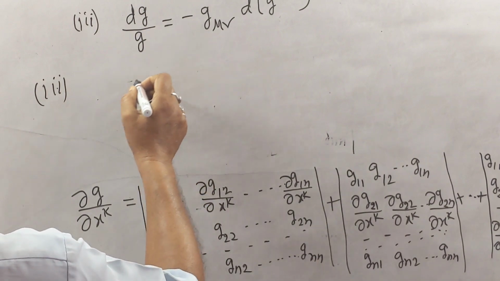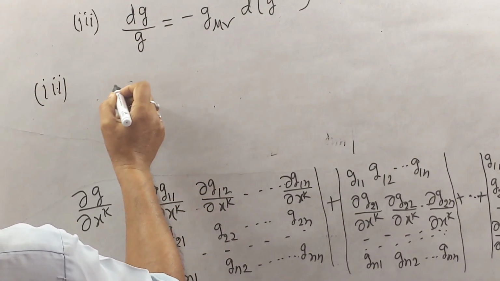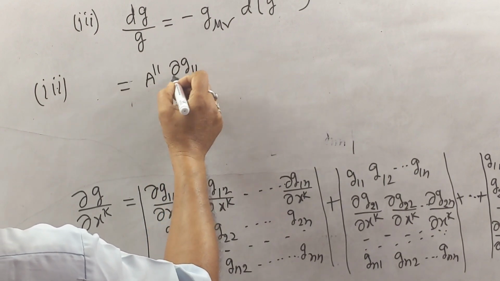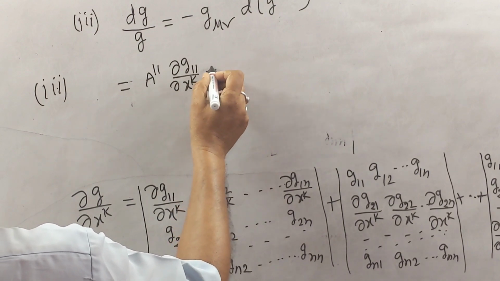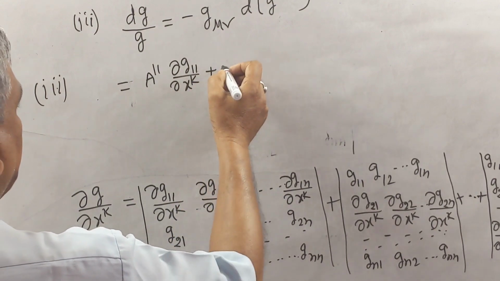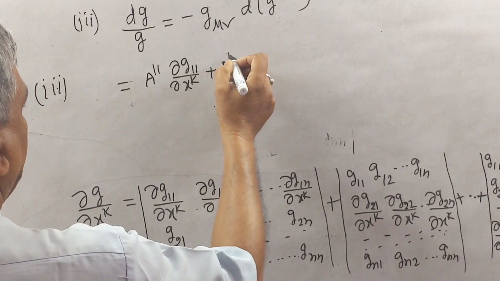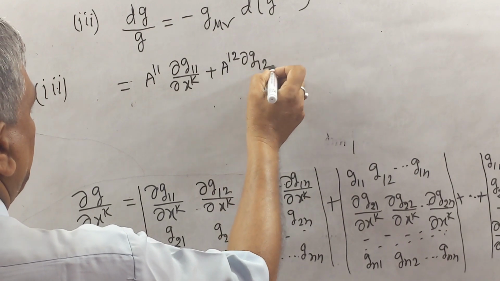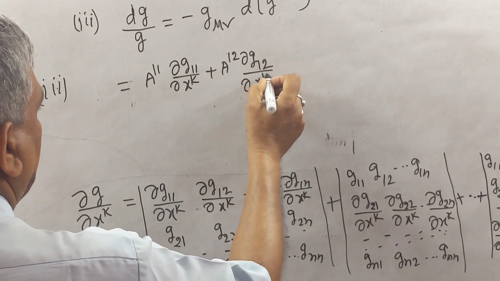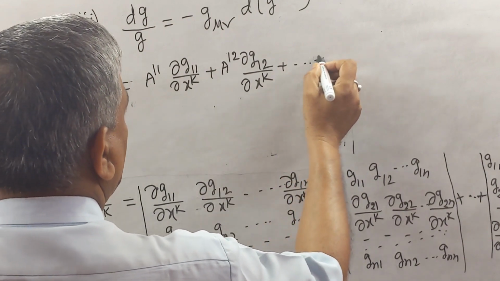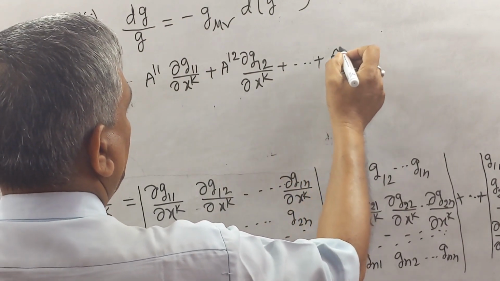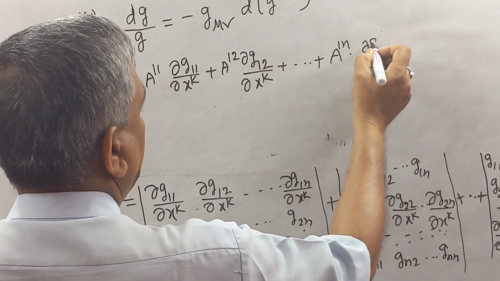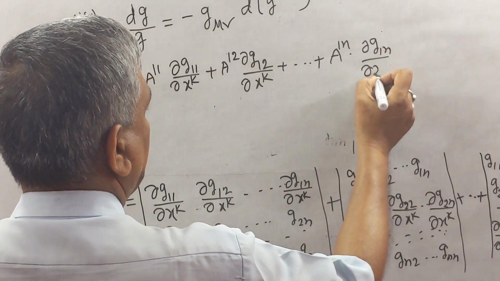So we write A11 del G11 by del xk plus cofactor of this is A12 del G12 by del xk plus dot dot dot A1n into del G1n by del xk.